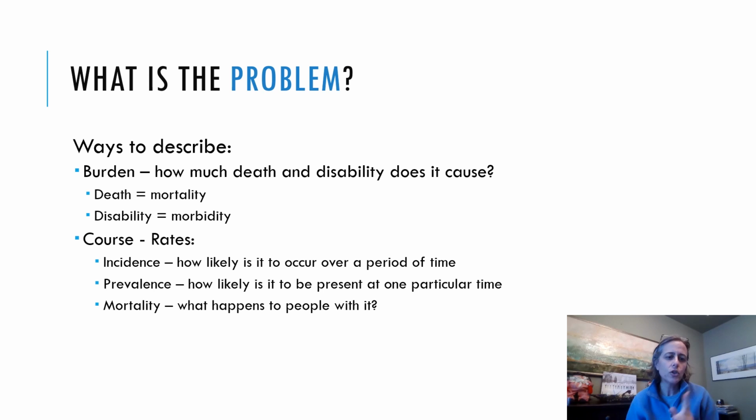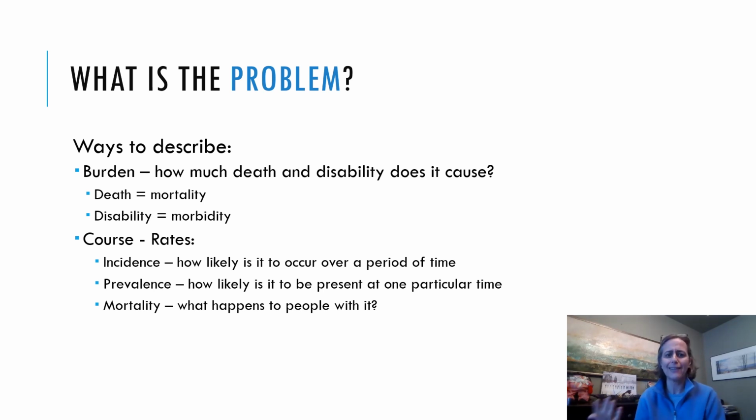And so there are 2 numbers that we look at to help understand the course of a disease. One is incidence, which tells us how many people get diagnosed with a condition over a period of time, usually 1 year. And the other is prevalence. So how likely is it to be present at any given time, right? So what percentage of the population is going to have this condition at one given time?